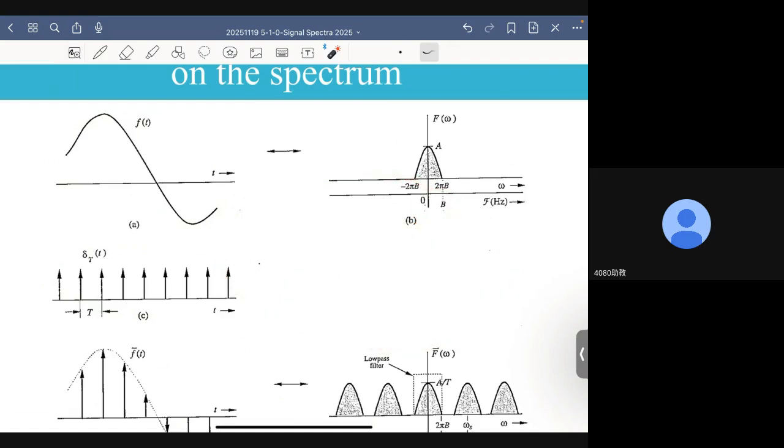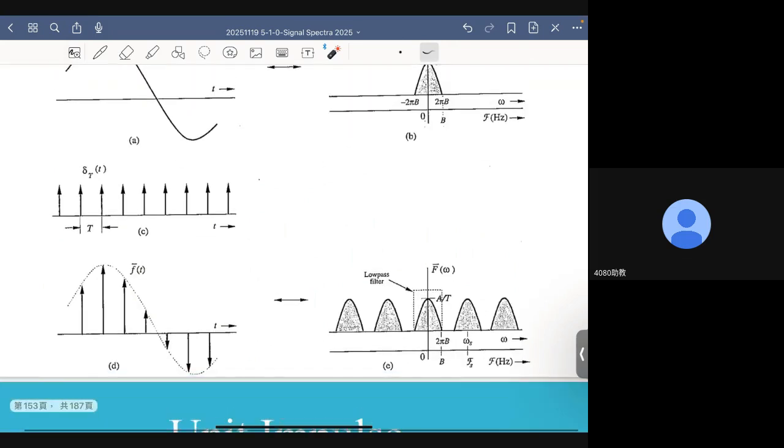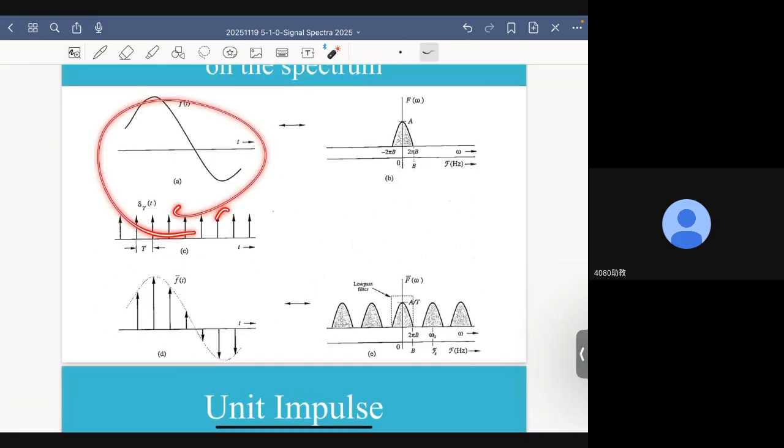Remember, the ultimate goal is to reconstruct the original analog signal or CT signal from its digital counterpart when required. How do I do that? From the time domain, it doesn't seem possible, right? Why does it not seem possible?